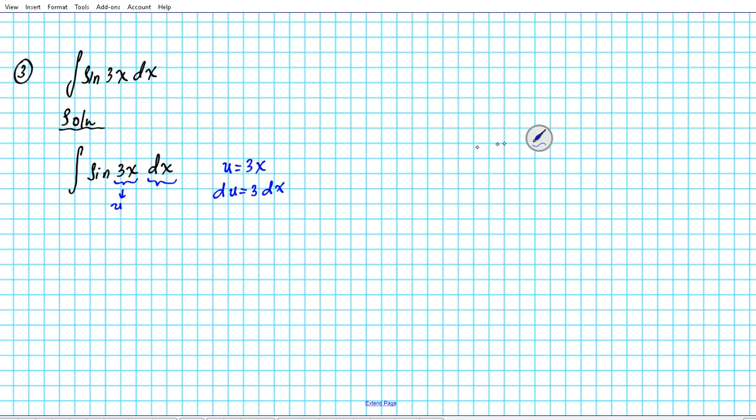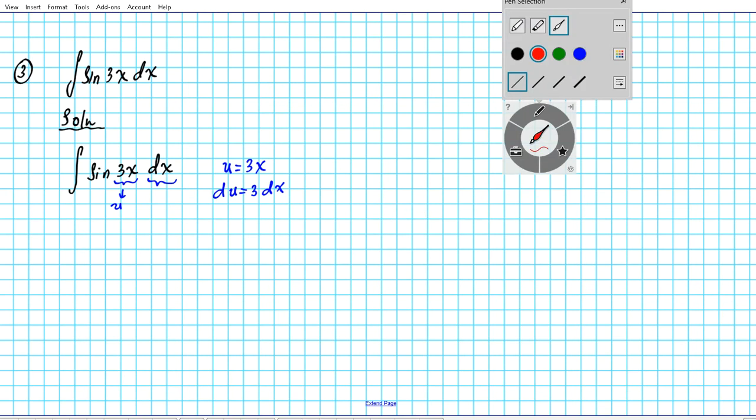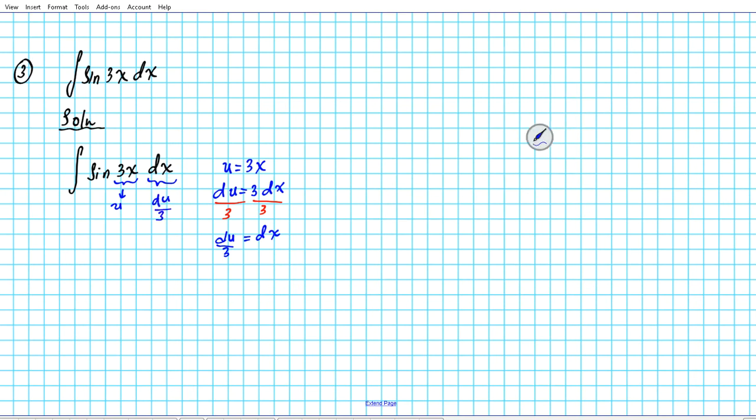To know what dx is, we're simply going to divide both sides by 3, because it looks like du is triple dx. If du is triple dx, then du over 3 is what we want. du over 3 is dx. Okay, so we know exactly what dx is. dx is du over 3.